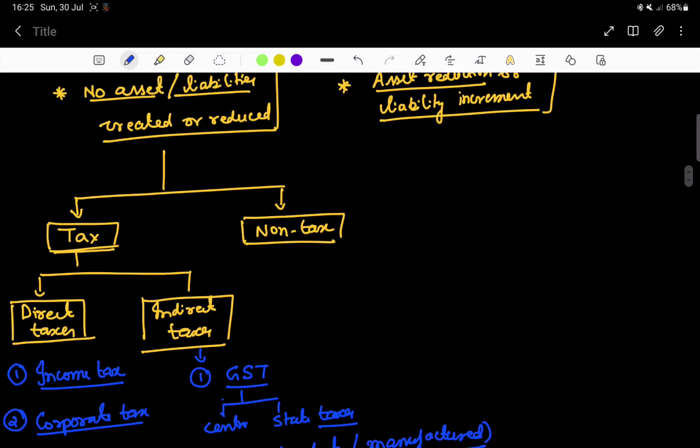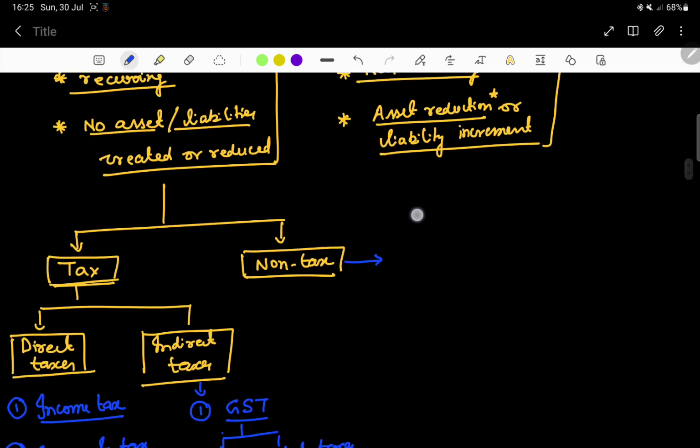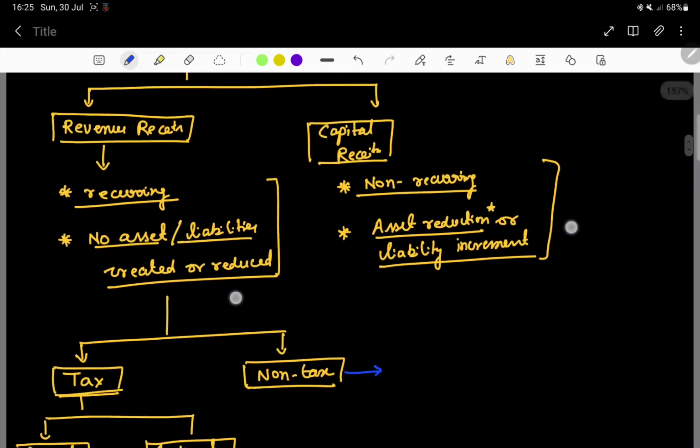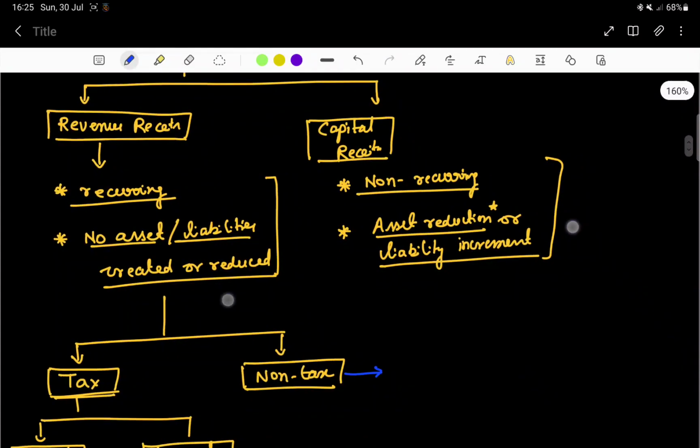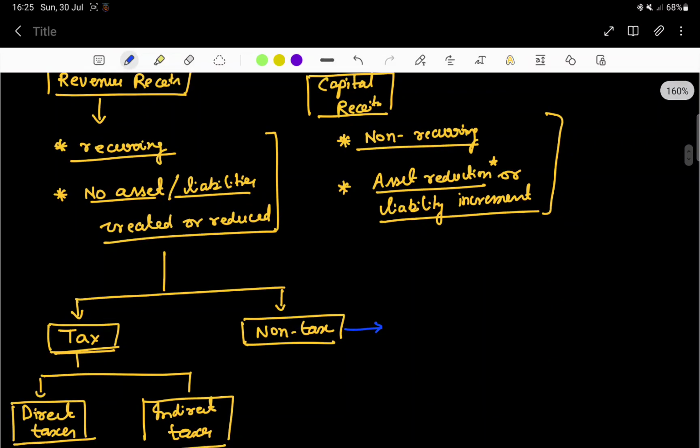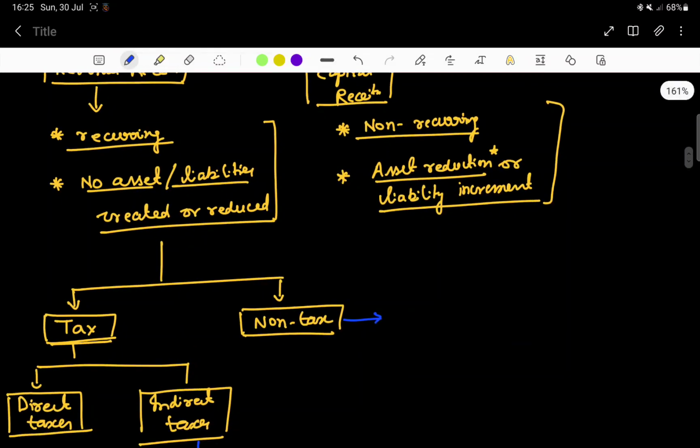Now there are other ways in which the government also gets revenue receipts. We are all discussing the revenue receipt, and in the non-tax side, you can find that sometimes the government gets grants from the IMF, World Bank, or any other multilateral institutions.